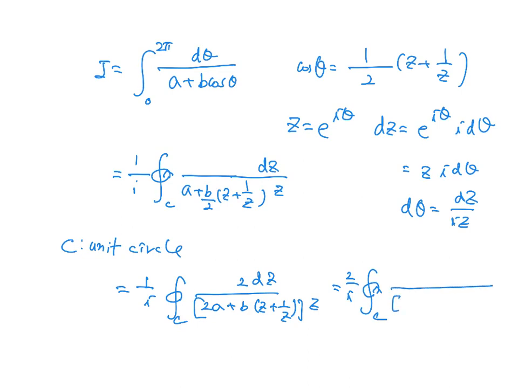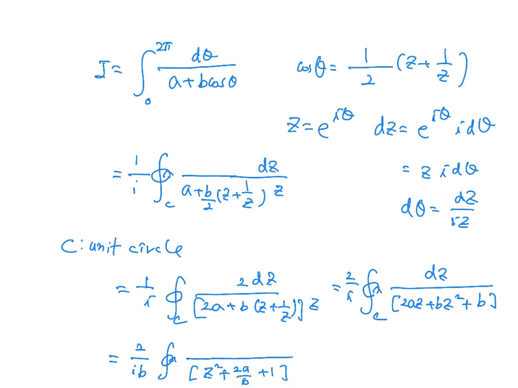What happens? 2az plus bz squared plus b over dz. So we can say 2 over ib times 1 over z squared plus 2a over b z plus 1, right? Over dz.